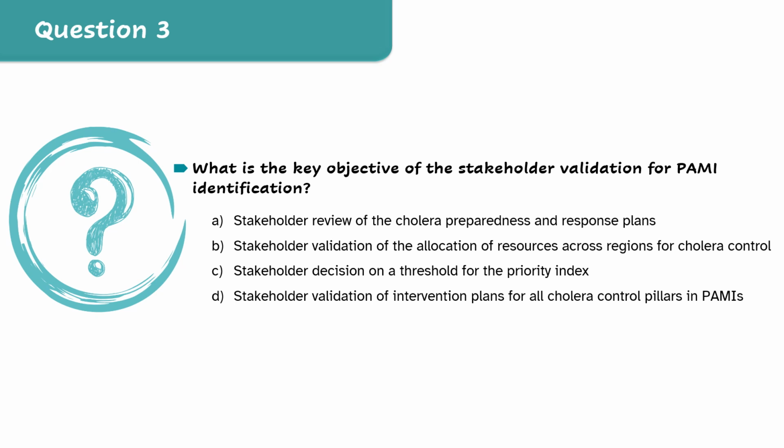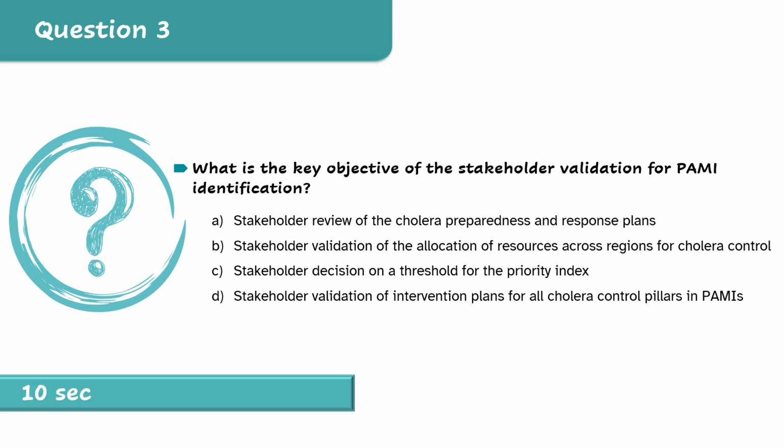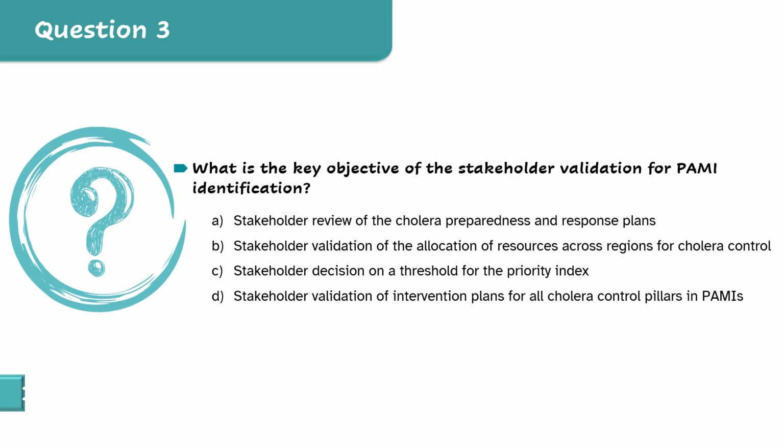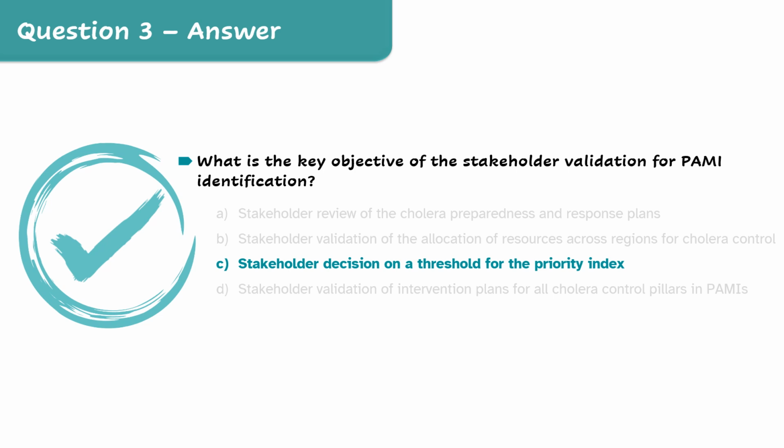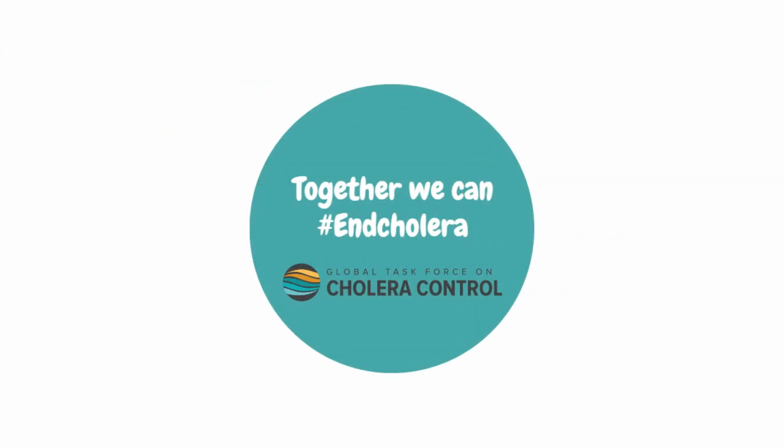D. Stakeholder validation of intervention plans for all cholera control pillars in PAMI. The correct answer is C. At the stakeholder validation, stakeholders decide on a priority index threshold. We have now completed this module.